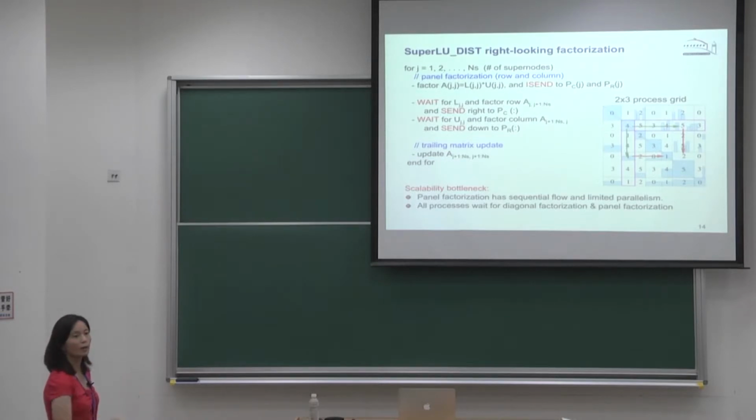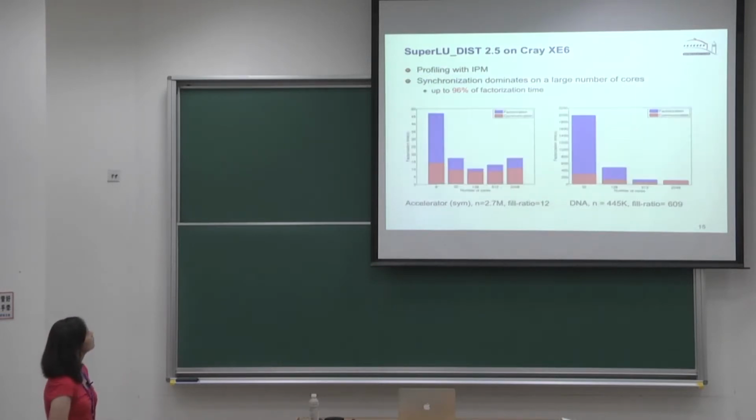If you just code it up like this, it looks simple. Then we look at the performance of this earlier version of the code. It's the CPU distributed version 2.5 and previous. For quite some years, this code has used this algorithm for a long time. So here I give you two matrices.